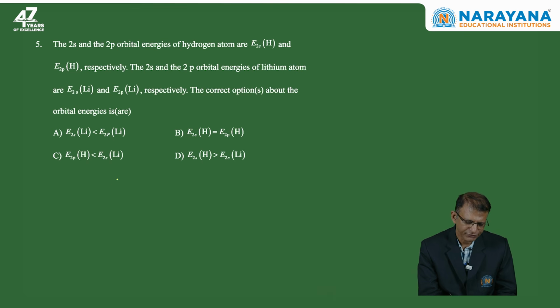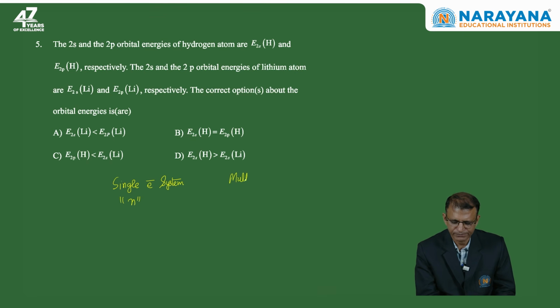So we know that for a single electron system, the energy only depends on the principal quantum number. But for a multi-electron system, energy depends on the principal quantum number as well as the azimuthal quantum number, the n plus l rule, right?